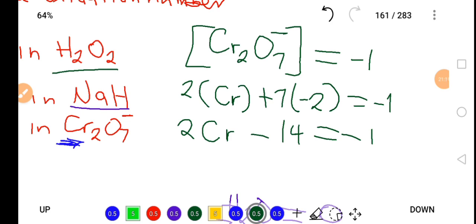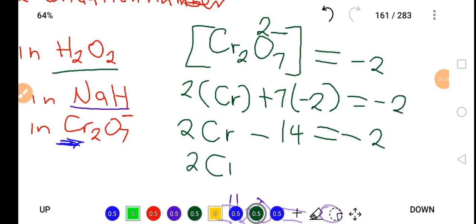It should be -2 there. The charge is -2. So allow me to change the charges. So we are saying the charge of dichromate 7 is -2, so it will be 2 negative, like that. Then the procedure continues.